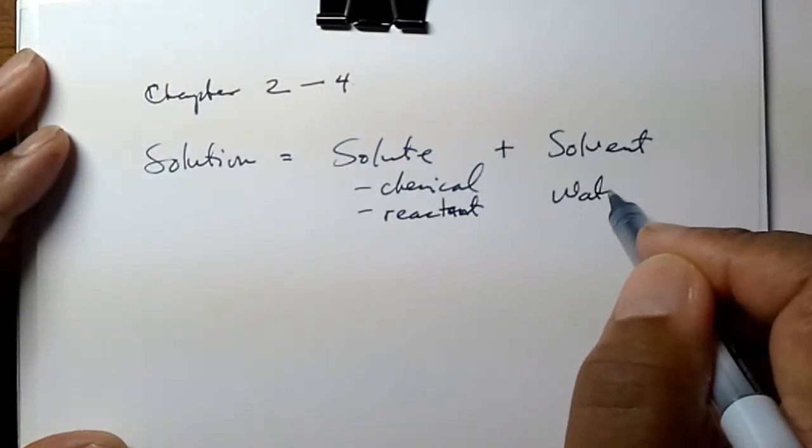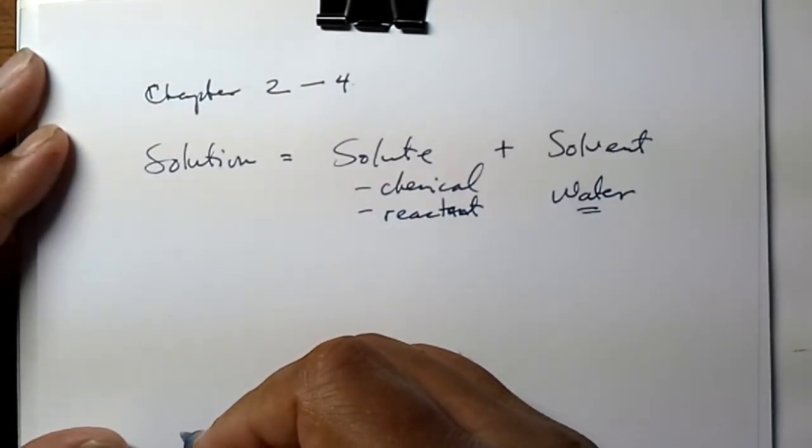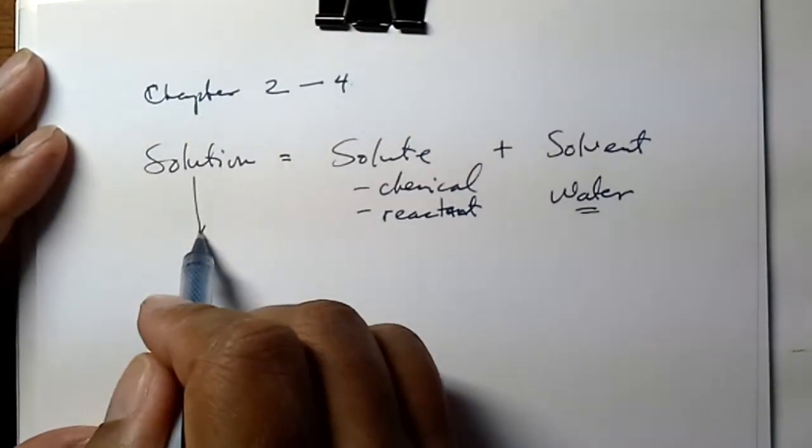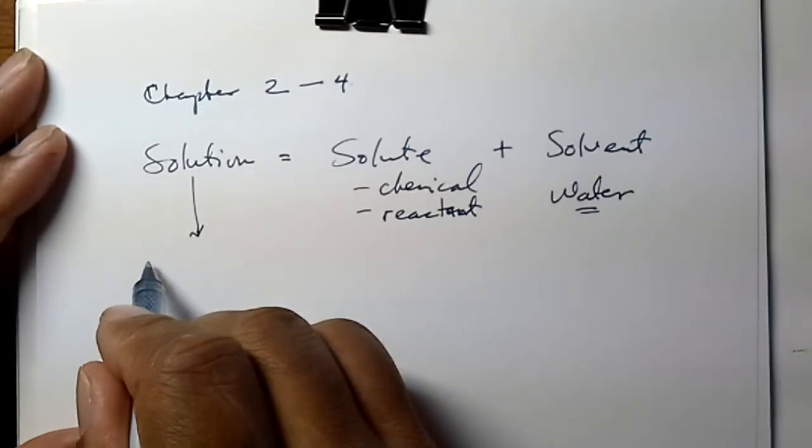And in many cases, our solvent is water. All right, that will give us a solution. And we can analyze our solution in one of two ways, or we can analyze them in both ways.